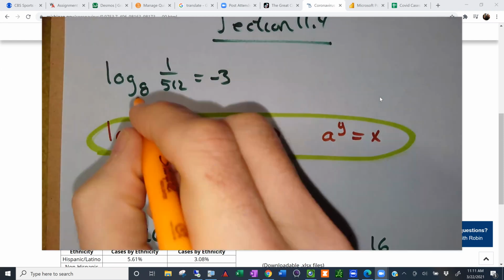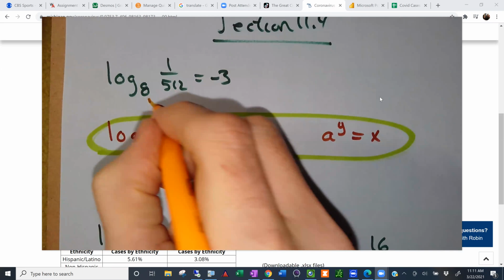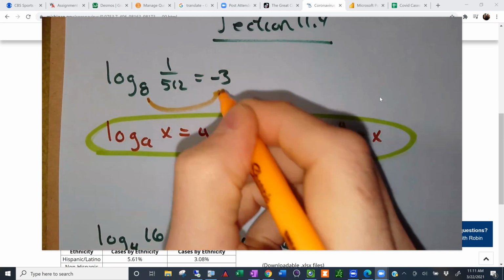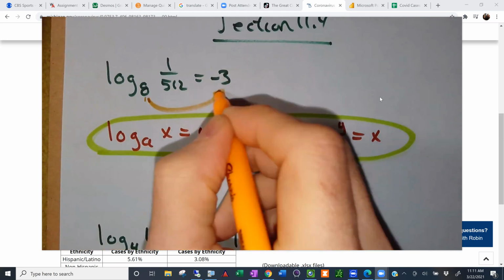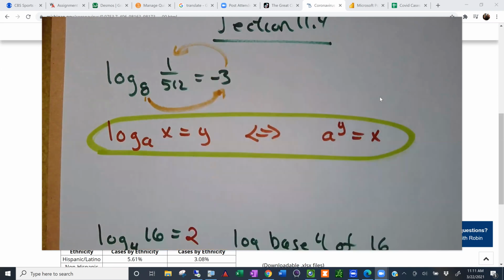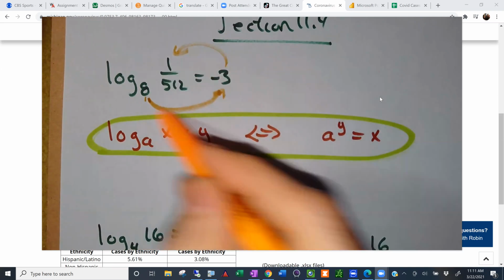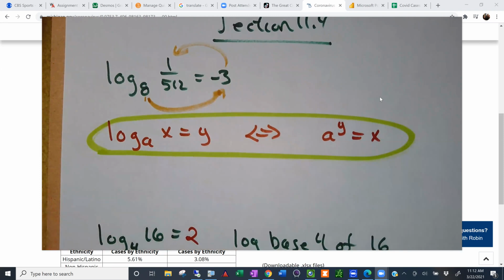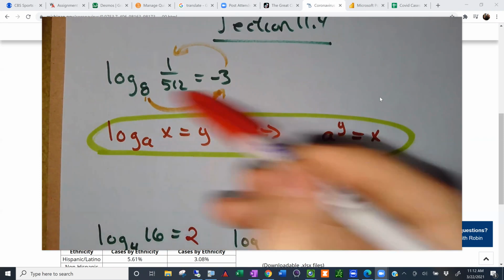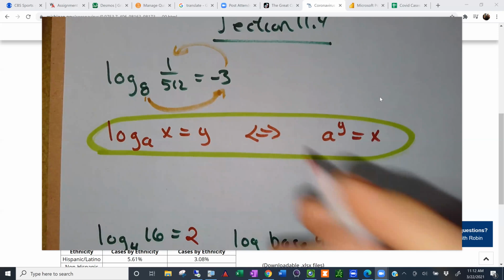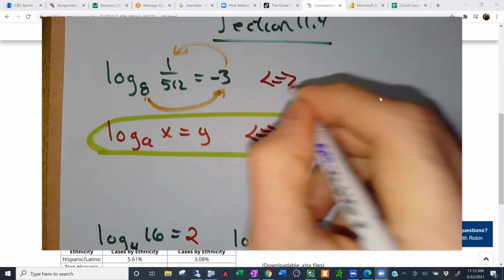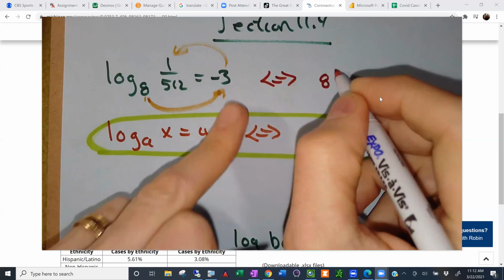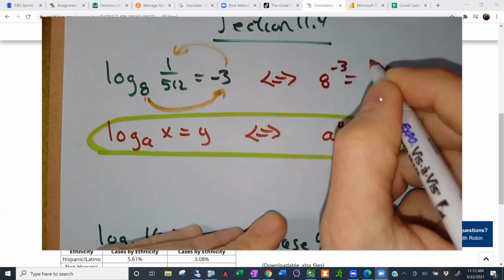You start out with the base. You go over here. So it's the base raised to this power equals that. And I always think of it like a tornado symbol on a weather map. You know, this little whirlwind here. And equivalently, this should be 8 to the negative 3 power equals 1 over 512.